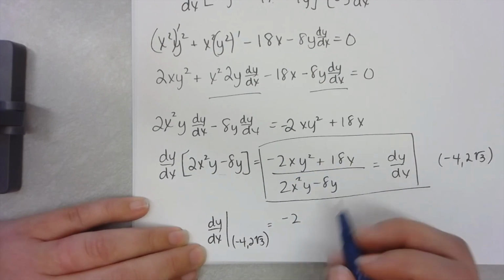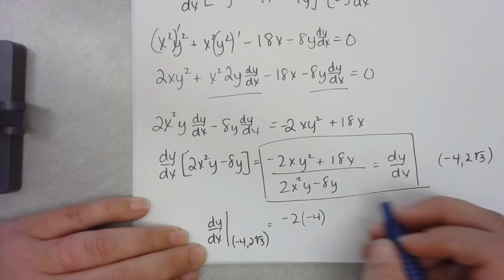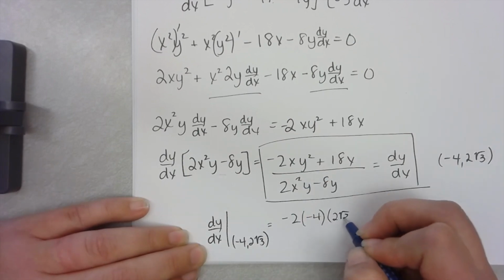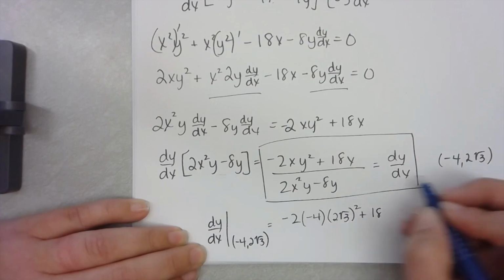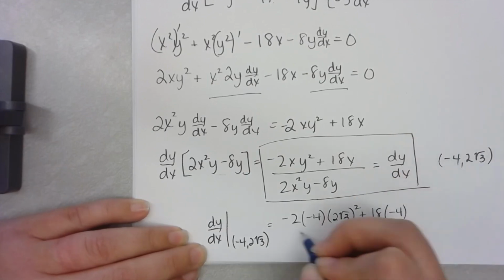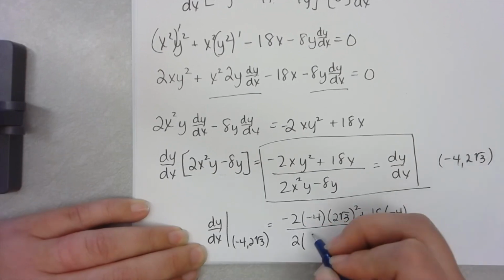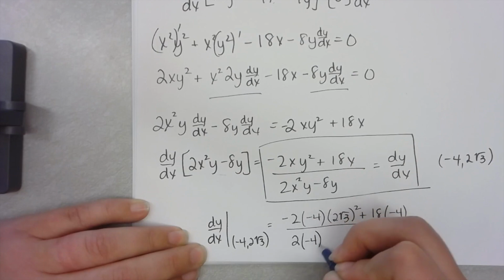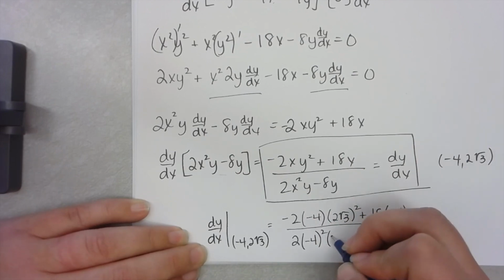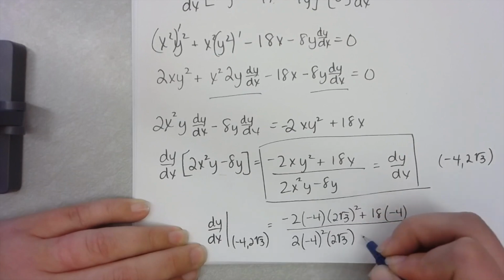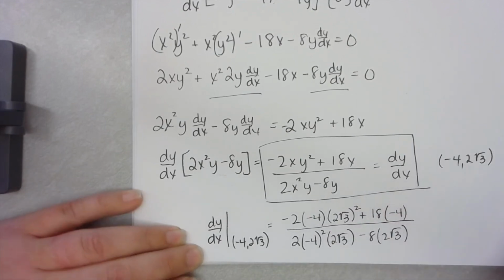So then I have an x, so times negative 4, y squared is 2 radical 3 squared. Then I have plus 18 times x, which is negative 4, all over 2. X squared is negative 4 squared. And then I have times y, which is 2 radical 3, minus 8 times 2 radical 3.